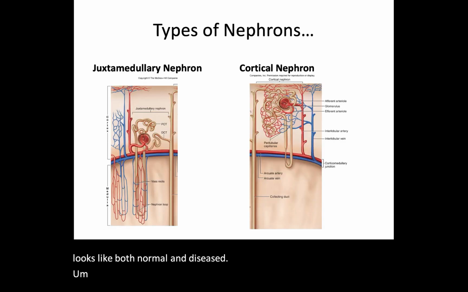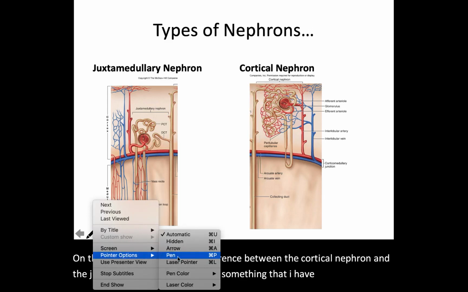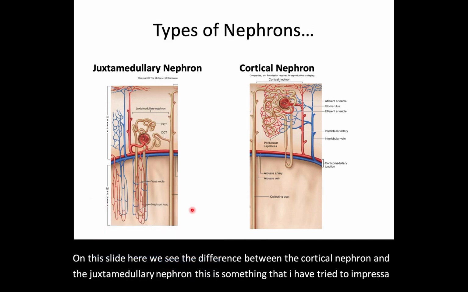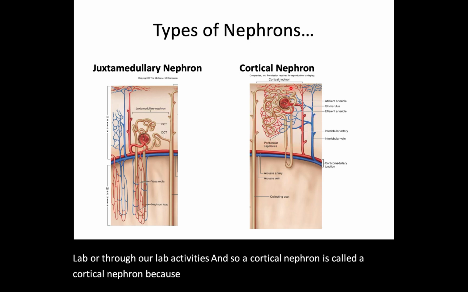On this slide here, we see the difference between the cortical nephron and the juxtamedullary nephron. This is something that I have tried to impress upon you in lab or through our lab activities. A cortical nephron is called a cortical nephron because the vast majority of the nephron is contained within the cortex.